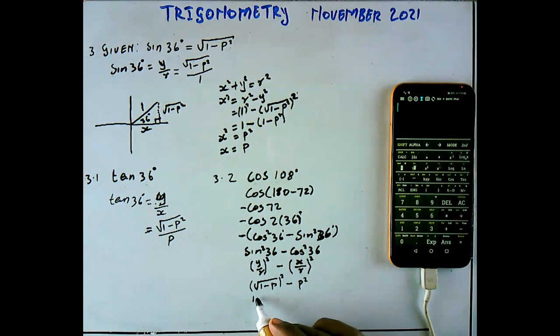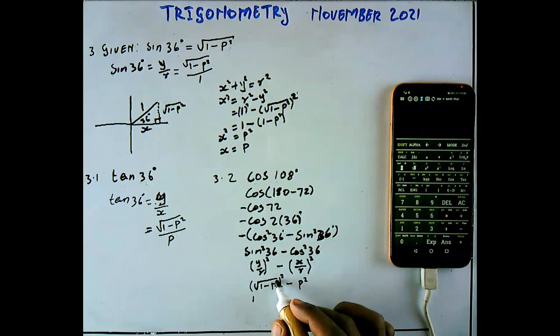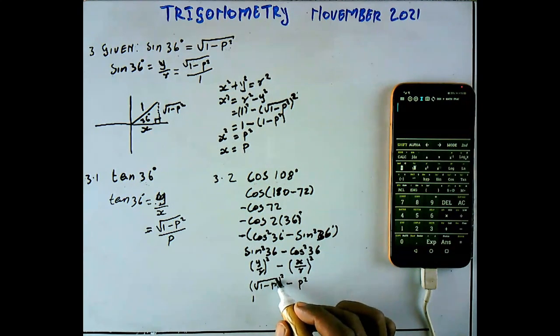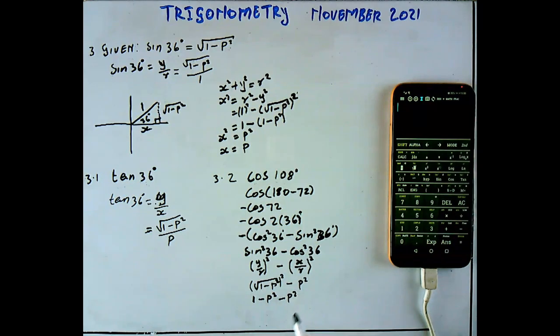Because y is 1 minus p squared, we also have a square here. So 1 minus p squared minus p squared, and then 1 minus 2p squared. Minus p squared minus p squared is minus 2p squared. And then this is the value of cos 108.